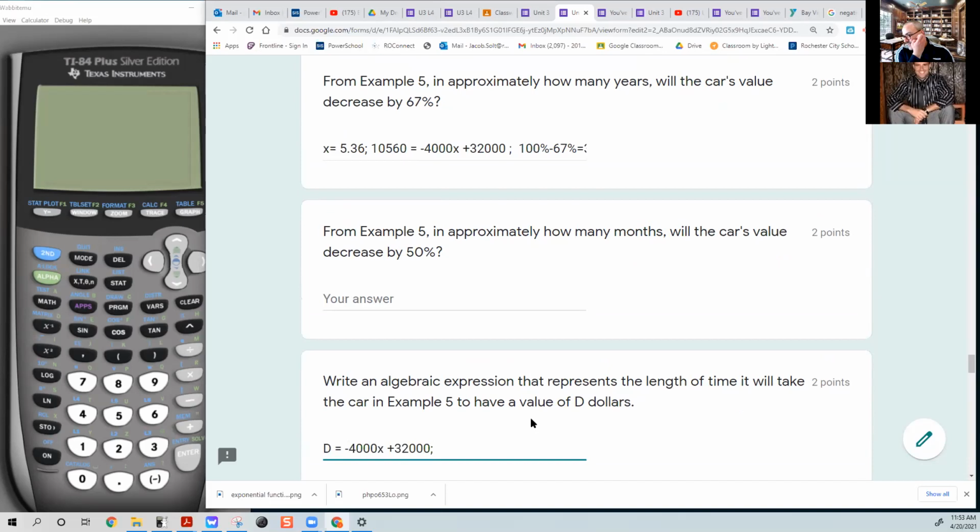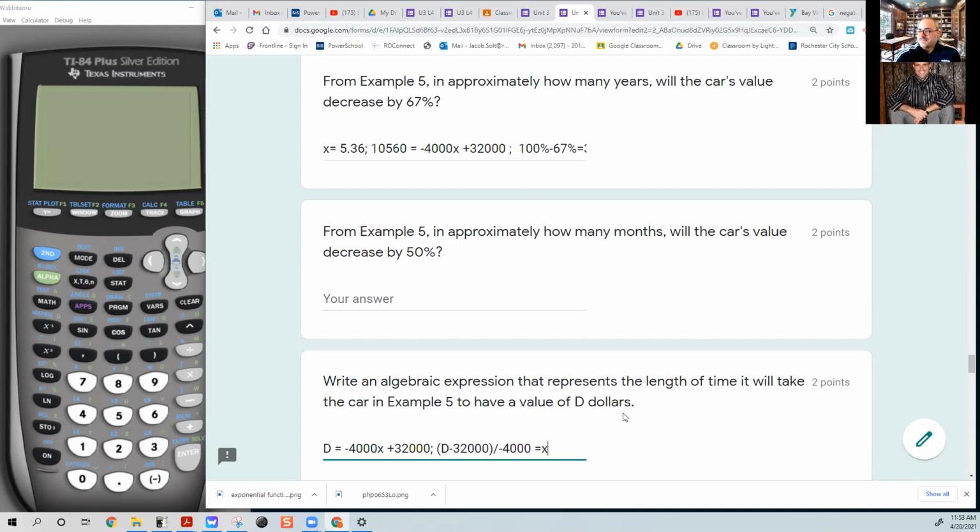But what I was looking for was I wanted you to take D and subtract 32,000 from both sides in your head, and then put that in parentheses and then divide by negative 4,000, just like we've been doing, and say that's equal to X. I was looking for an equation where you set this expression equal to the time, but I don't think I actually stated that in the question, so either one of these responses would be fine.